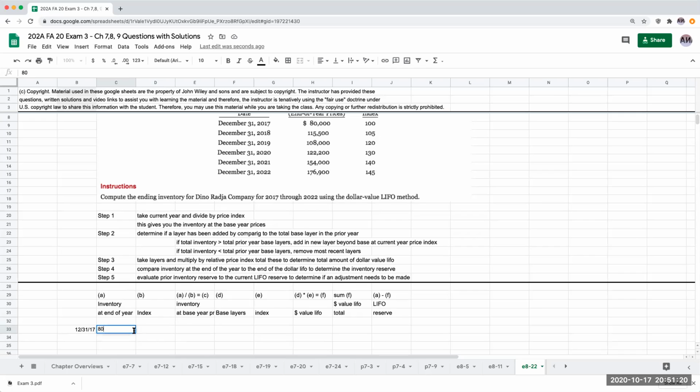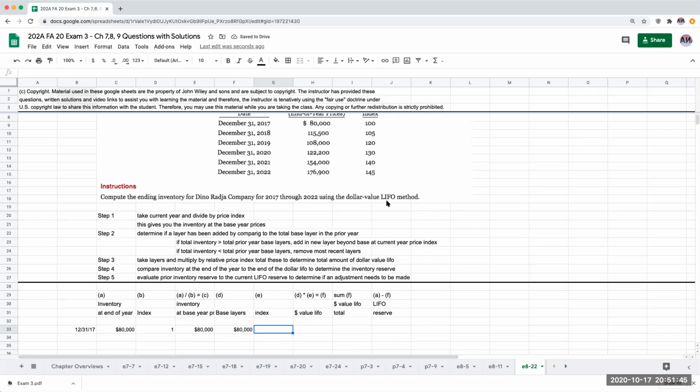So I'm going to take 80,000, which is the inventory amount as of December 31st, 2017. My index here is 1. I divide the 80,000 by 1, and so my base layer is right over here at 1. And this again is for the first year.